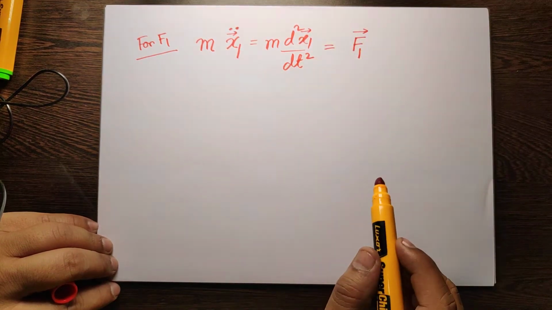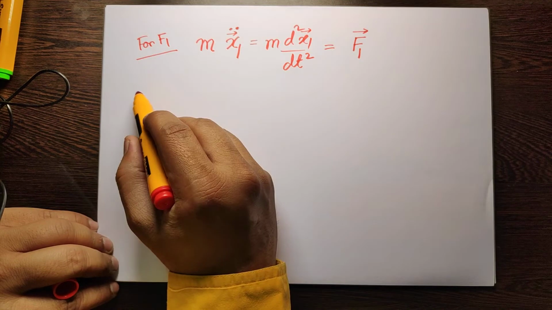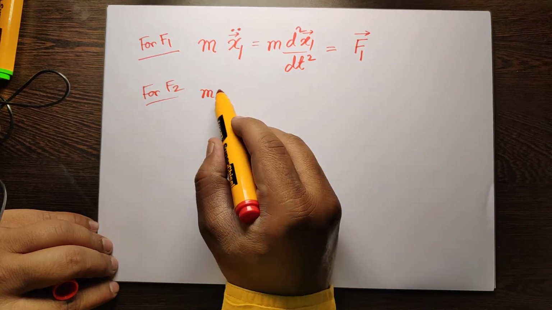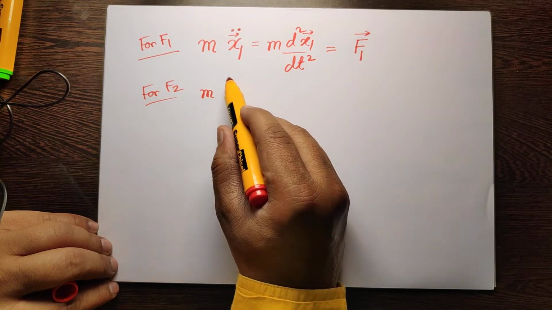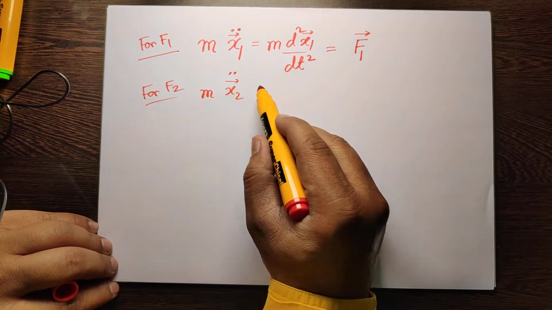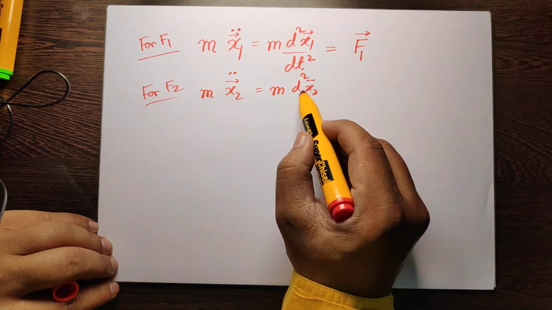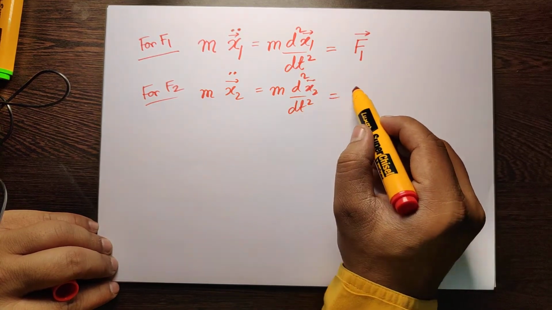Now for the force F2, the equation will be x2 vector double dot, or d2x2, equal to F2.